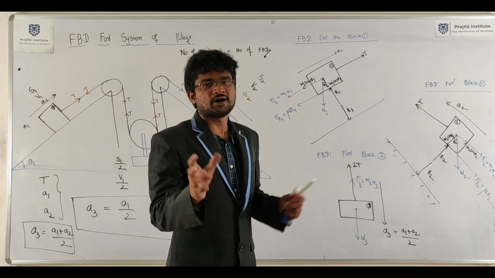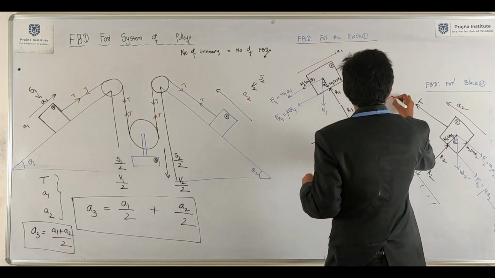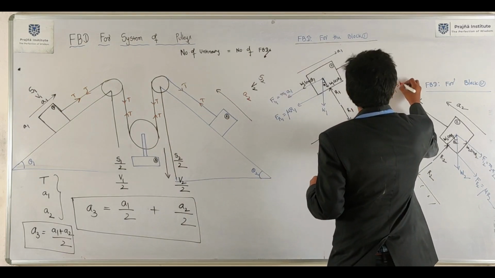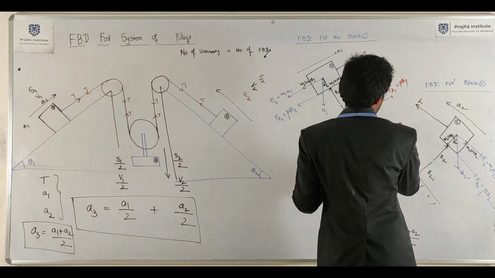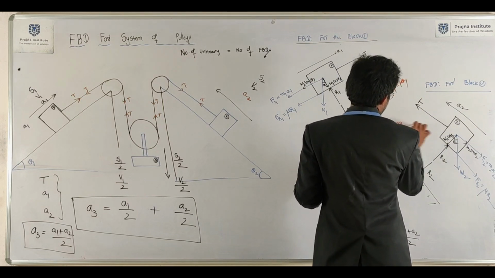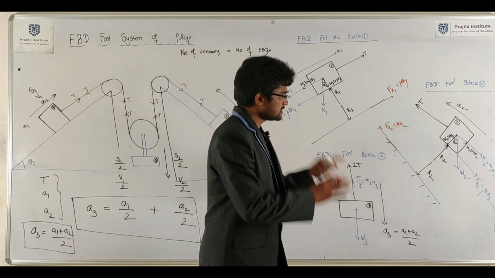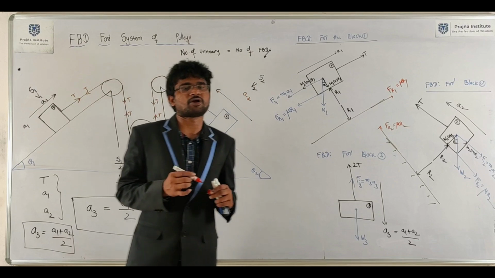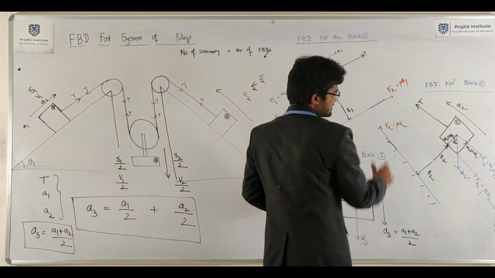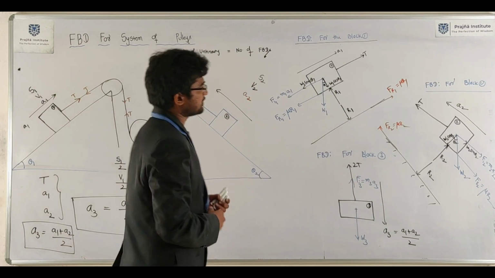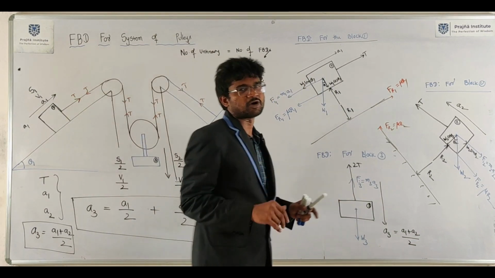But you will combine both, and finally you will get one unique equation. Here FR1, mu R1. This will be FR2, mu R2. Don't feel that you are unnecessarily drawing the free body diagram. This is the actual way to draw the free body diagram for the blocks. Even if it is unnecessary, that doesn't matter. Follow the methodology. Don't blindly draw free body diagrams.